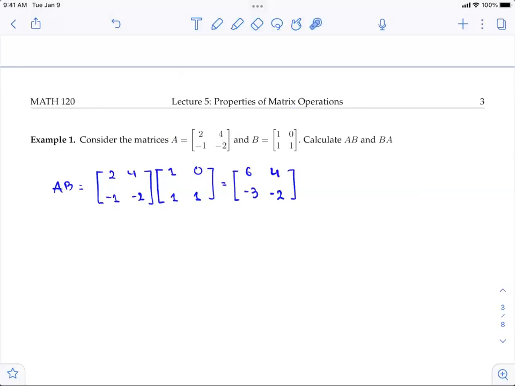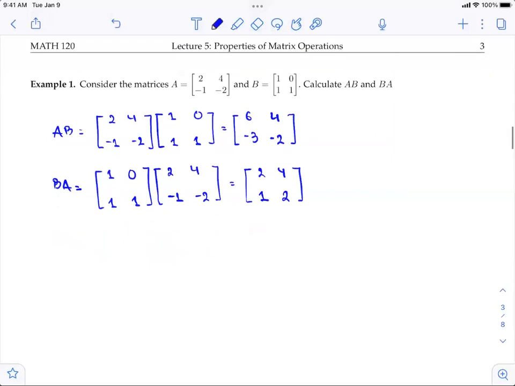Hopefully at this point you are familiar with matrix multiplication, so I'm going to skip the formality and just give you the answer. Now for the product B times A, the setup is 1, 0, 1, 1 multiplied with 2, 4, -1, -2, and this product gives you 2, 4, 1, 2.